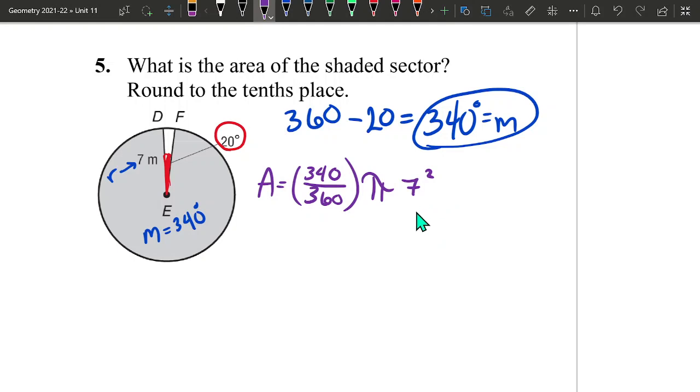Or you can type in 49 if you want to do that part in your head. So I just type it in the calculator just like that. Use the pi button. We're not using 3.14 for pi. We're using the button on the calculator. And that is 145, I think it was 0.37. So that rounds up to 0.4. 145.4.